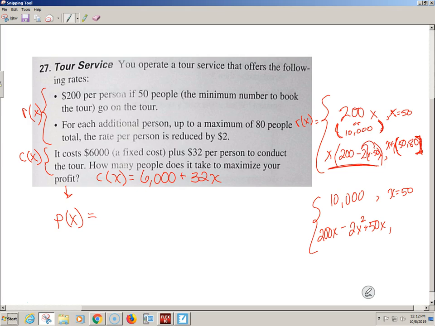Oh, did I not make it 100? Oh, I'm sorry. So that'd be, let's see, we have our x times this and times the 2, and then 2x times x is 2x squared, and 2x times 50 is 100x.